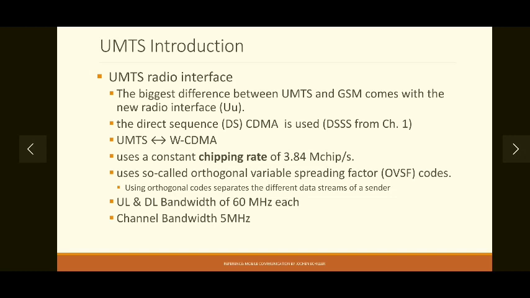Now another major feature of this chipping sequence is it uses a so-called orthogonal variable spreading factor, that is OVSF codes. Now what is orthogonal code? That means when there are two codes, if they are orthogonal to each other, that means even if they are combined together, their codes will not be mixed with each other.